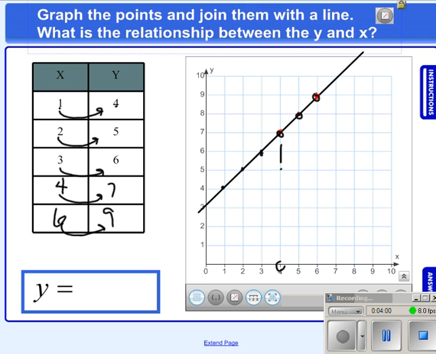So I can write that y equals x plus 3. So whatever x is, I add 3, and that's my y. So I have y equals x plus 3. I should probably rewrite that a little neater: y equals x plus 3. So there is my equation that represents my line.